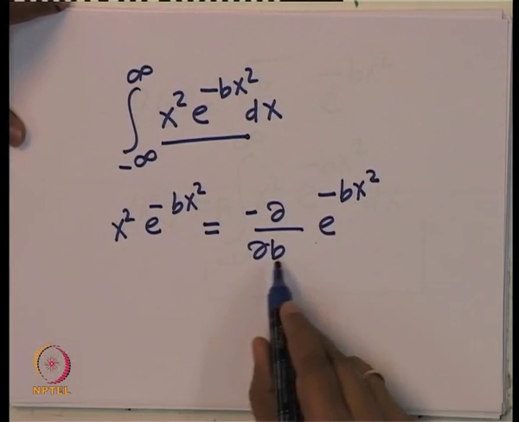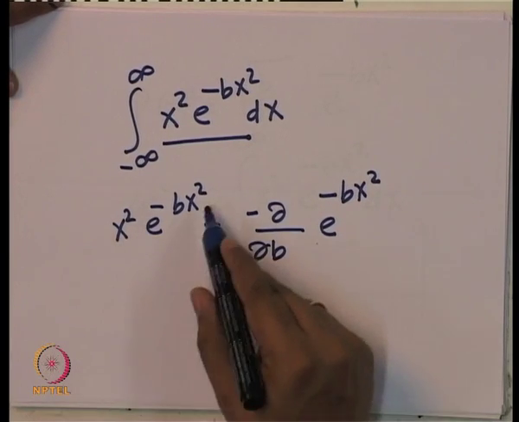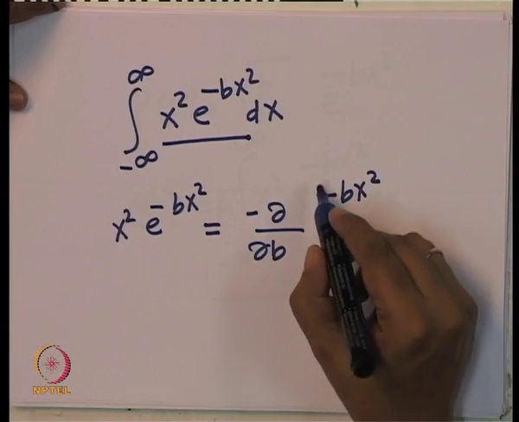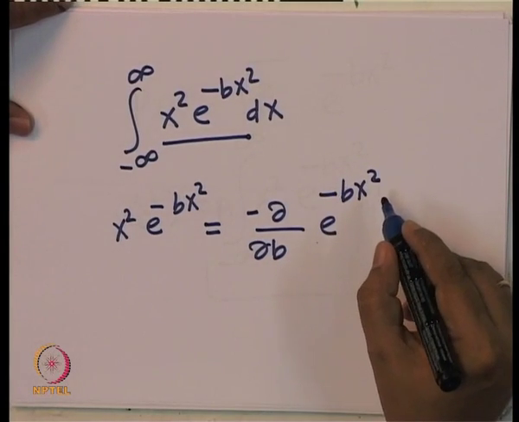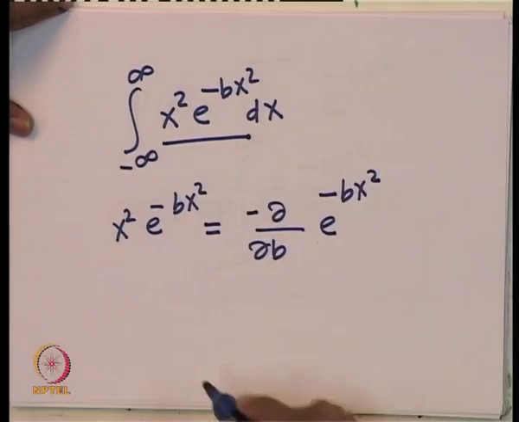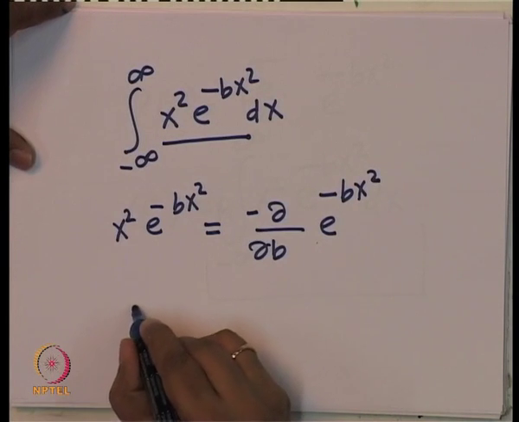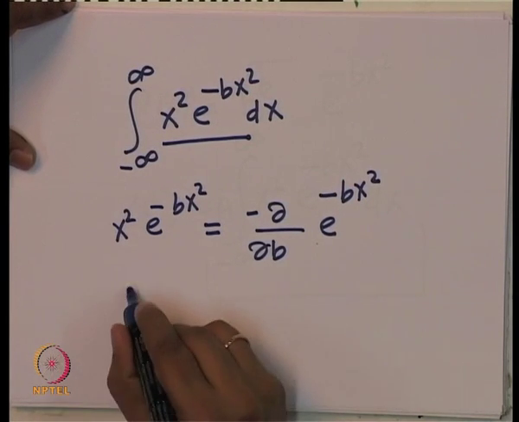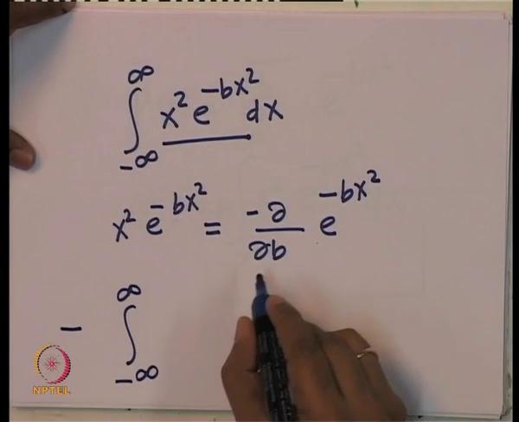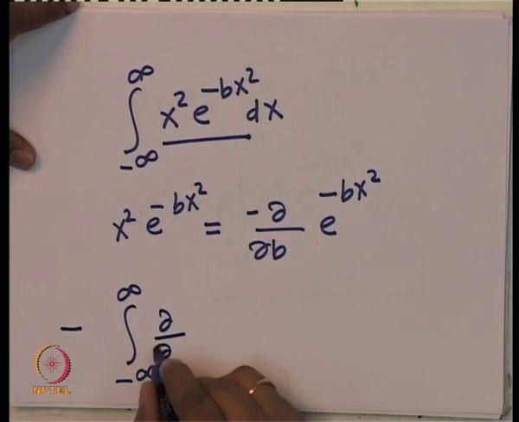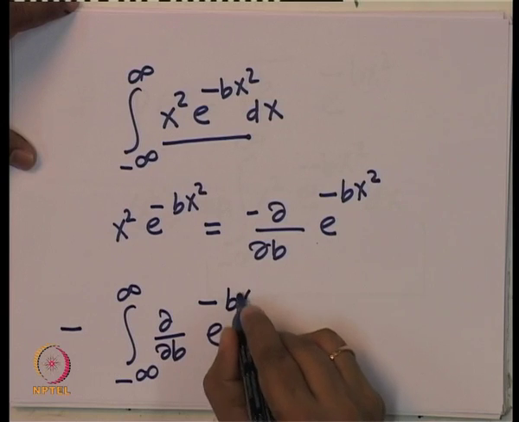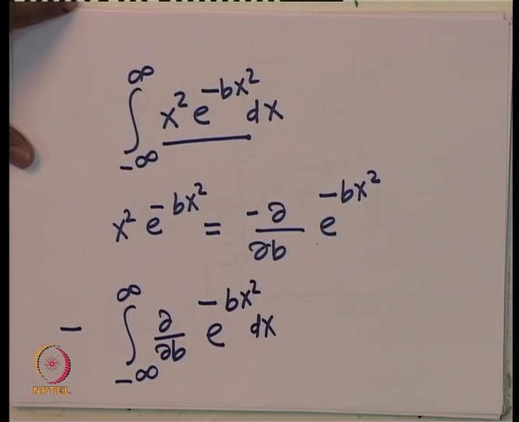So, we can substitute this back and write it as the integral from minus infinity to infinity with a minus sign here, and del by del b of e power minus b x square dx.